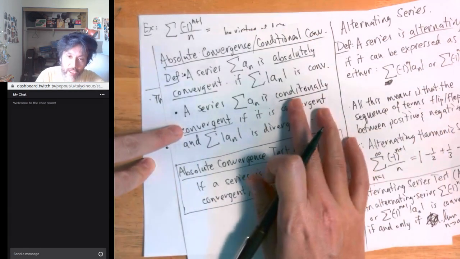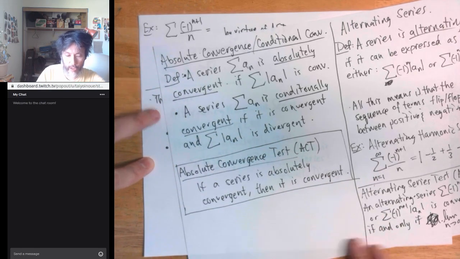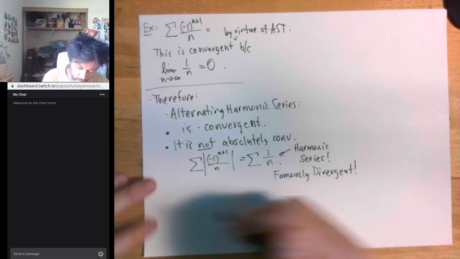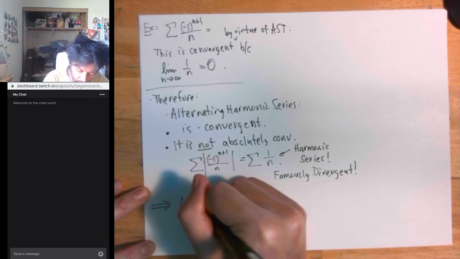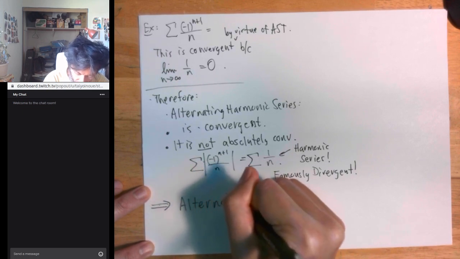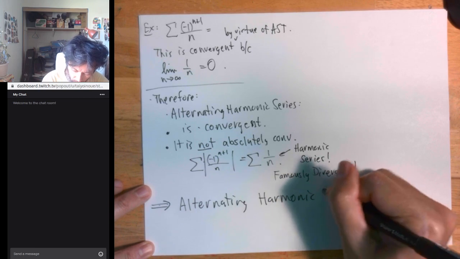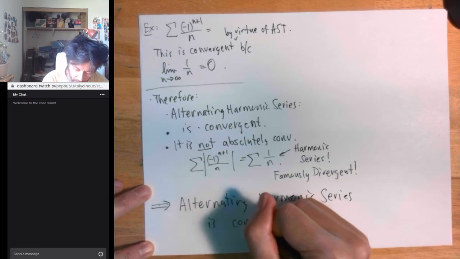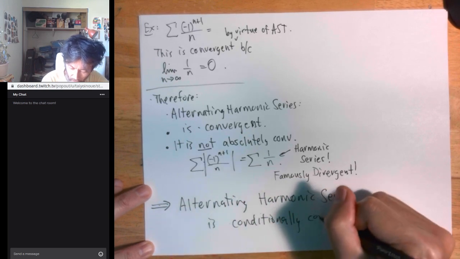And so look at the definition of conditional convergence. It is conditionally convergent. This implies that the alternating harmonic series is conditionally convergent.